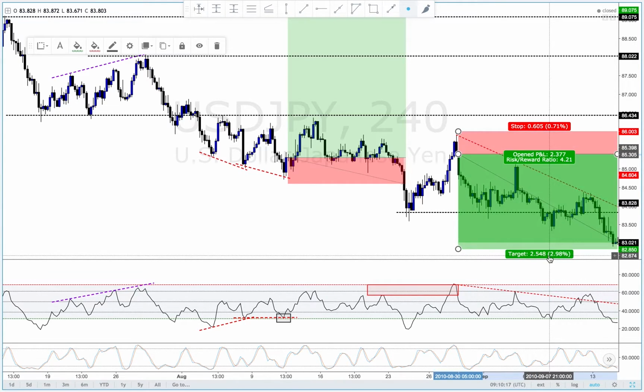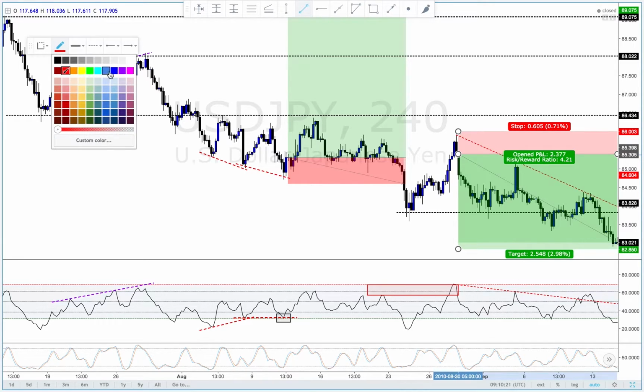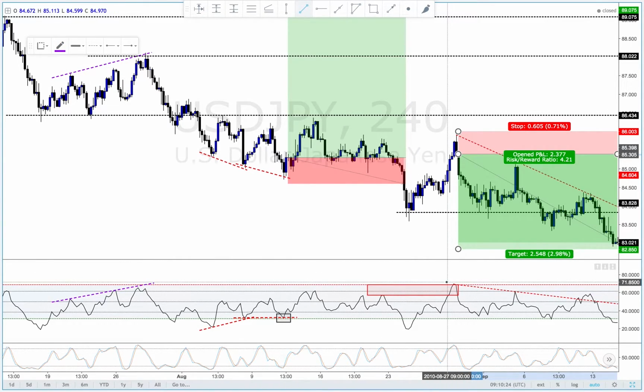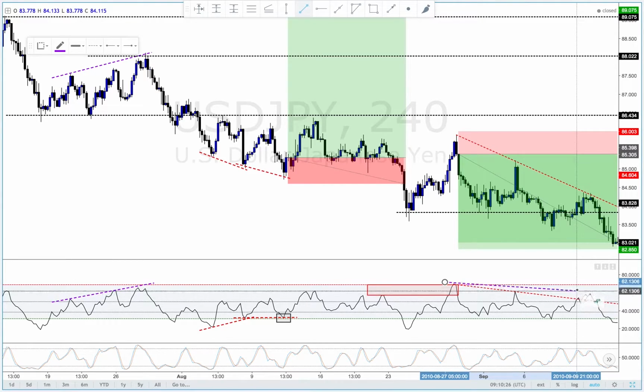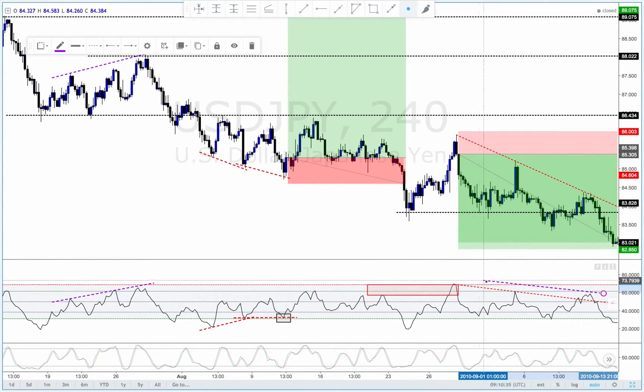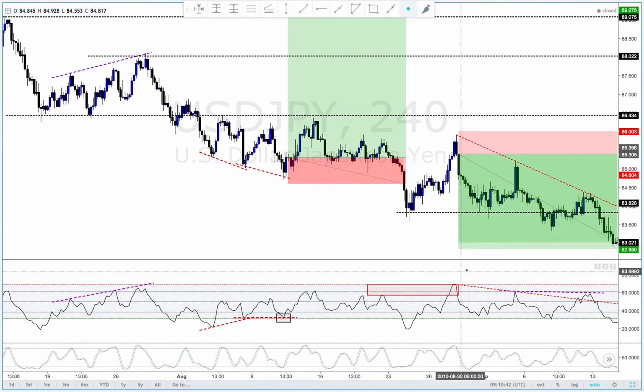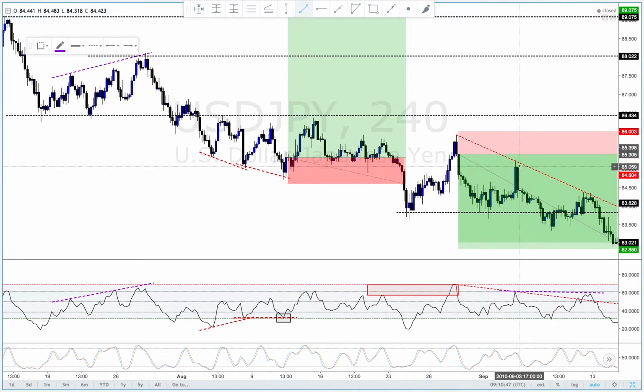RSI is showing me lower highs. Actually, we'll pull from this high. So we have even highs, and lower highs.